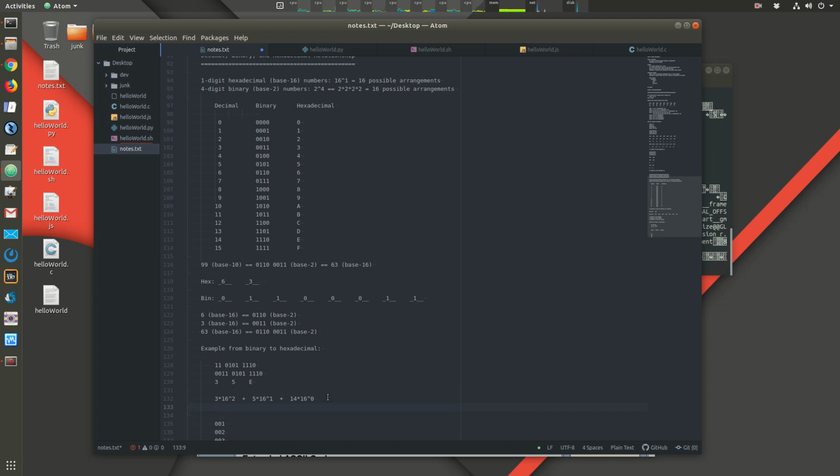16 times 16 is 256. And that makes sense when you think about it, because with 2 digits of hexadecimal data, there's 16 possibilities here and 16 possibilities there. 16 times 16 is 256. So this is the 256's place, plus 5 times 16, plus 14 times 1.